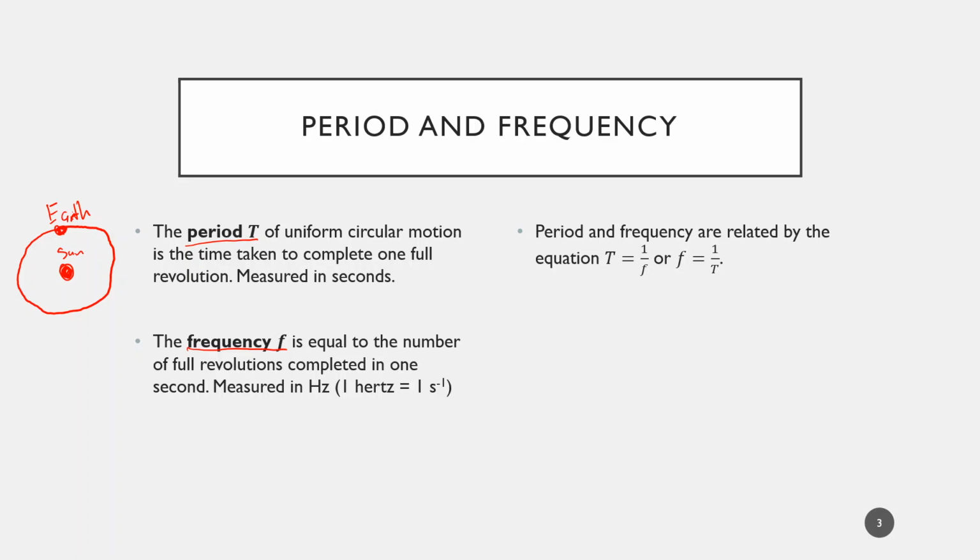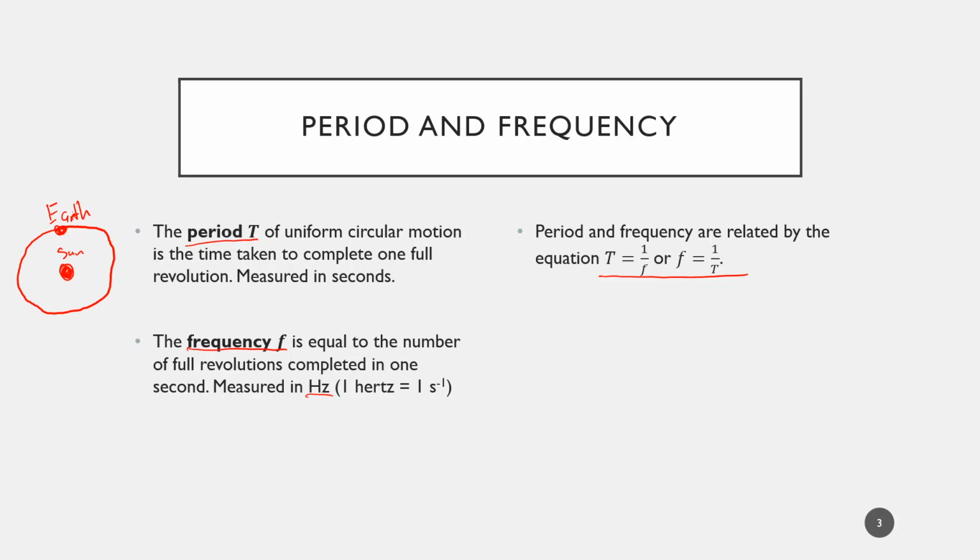That means it has a frequency of 1, and we measure the frequency in a unit called hertz, which is basically number per second. If I complete 1 revolution in 1 second, it's got a frequency of 1. If I complete 2 revolutions in 1 second, so the object's moving faster, then it has a frequency of 2 hertz. The period and the frequency are related using these formulas here.